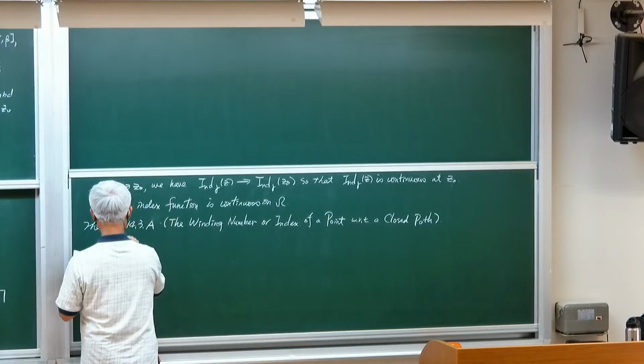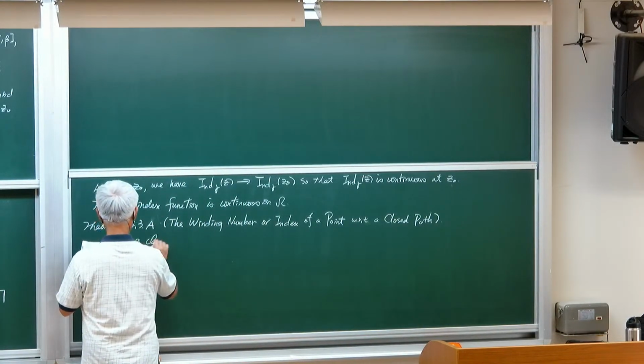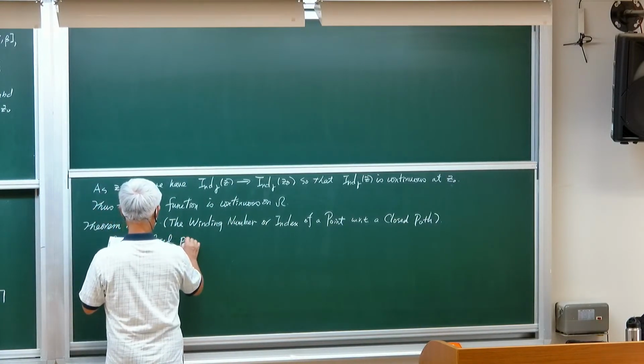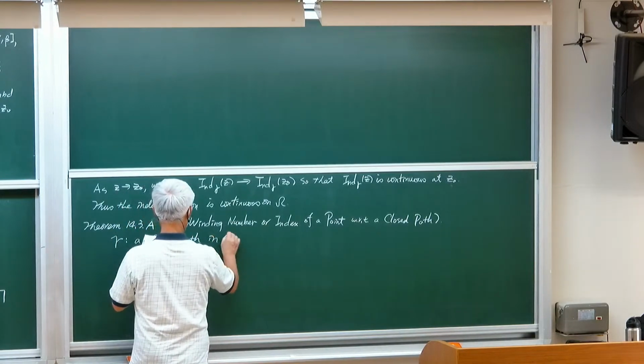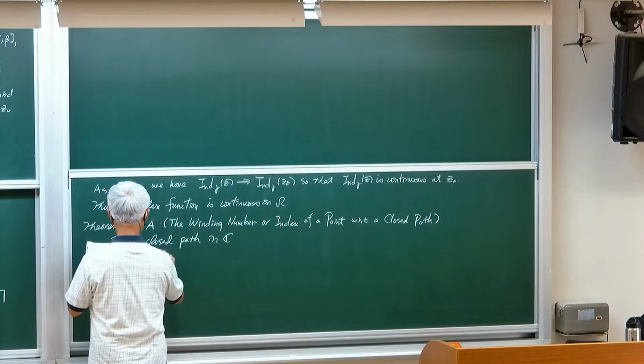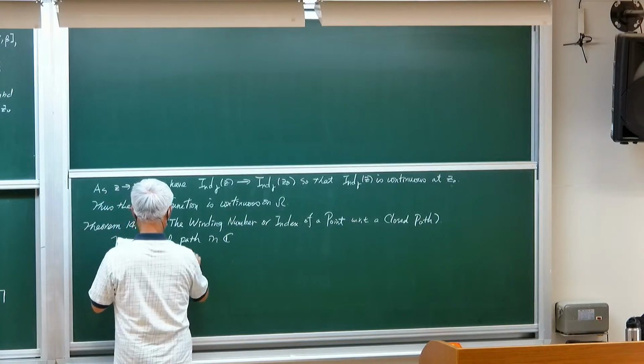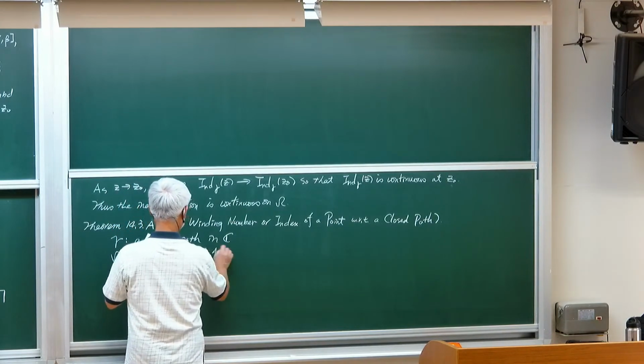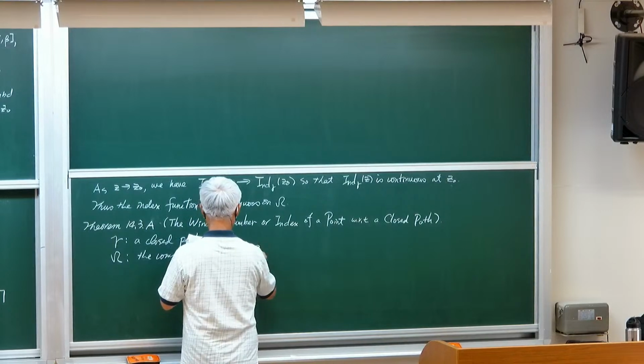Right, so once again, gamma is a closed path in the complex plane. Omega is the complement of gamma star in C.